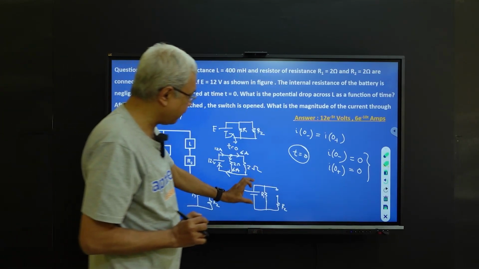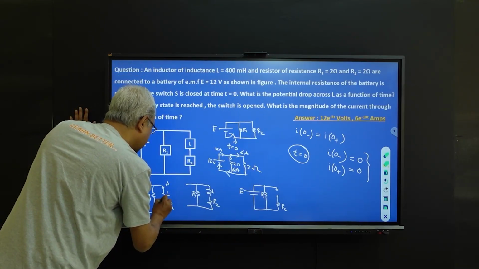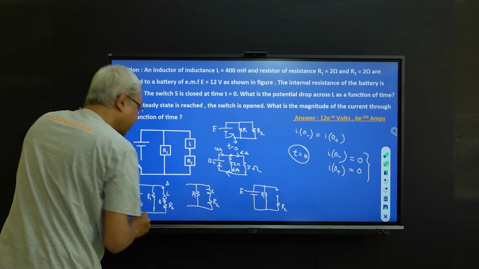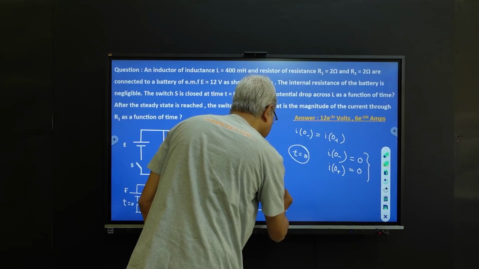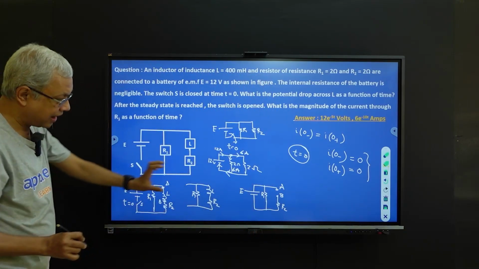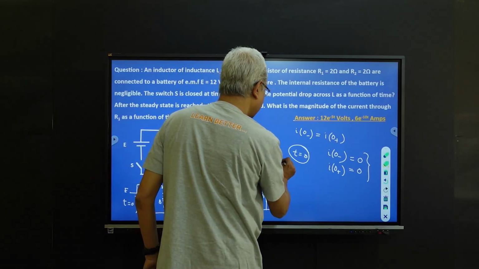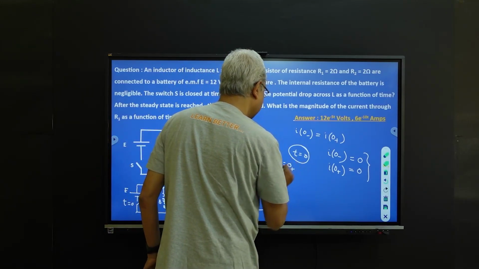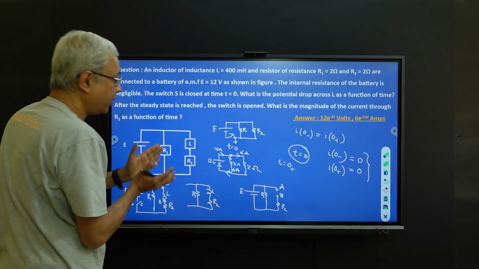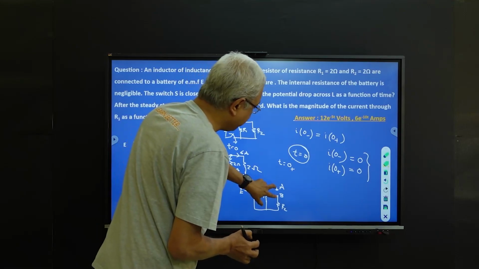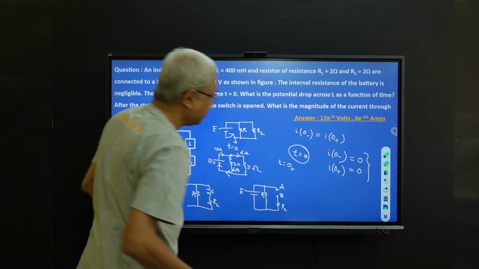If I call these two points A and B, then as if there is an open circuit between A and B. That means at t equal to 0 plus moment, the entire voltage appears across points AB, because between A and B the potential difference becomes E.